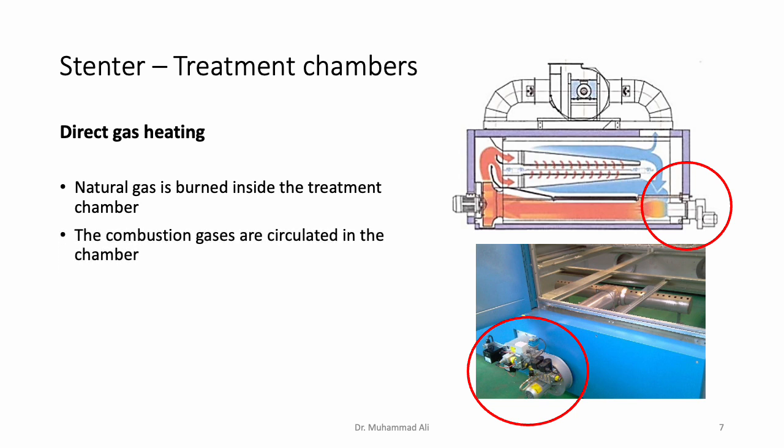The combustion gases that are produced by these huge burners are circulated directly in the chamber, and here it is important to note that in direct gas heating system, the combustion gases directly come in contact with the fabric. So if the combustion of natural gas, that is the fuel, is not proper, then that can lead to all sorts of problems.